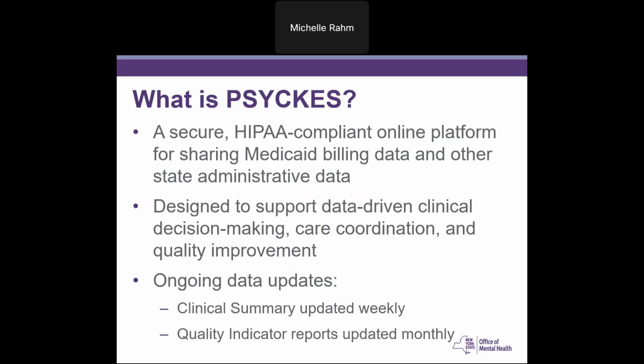And the application is really designed to support data-driven clinical decision-making, care coordination, as well as quality improvement. We do have ongoing data updates in the application. So we have our client-level clinical summary that's updated on a weekly basis, and the quality indicator reports are updated on a monthly basis.